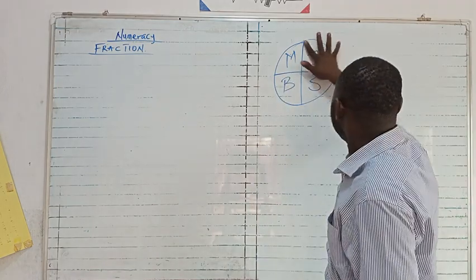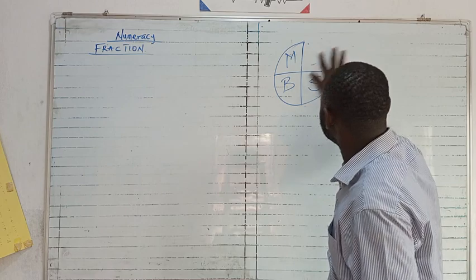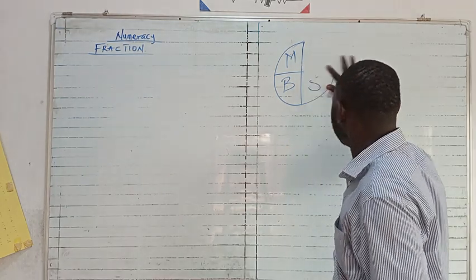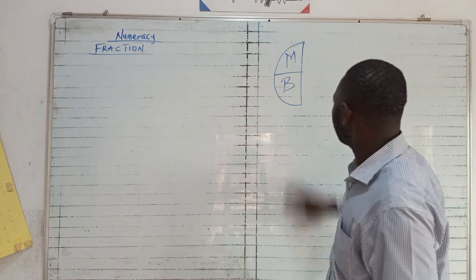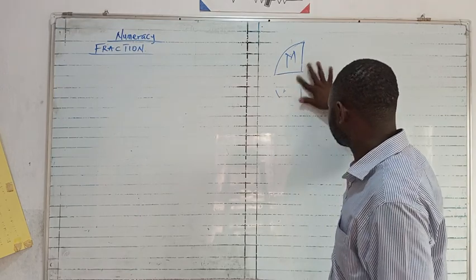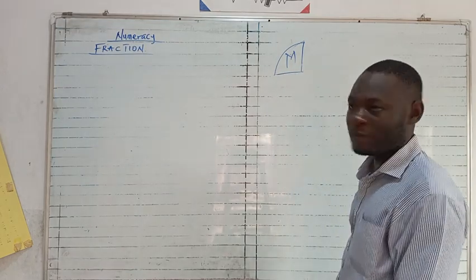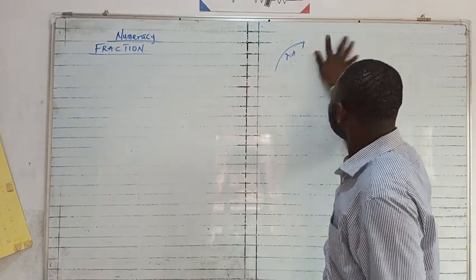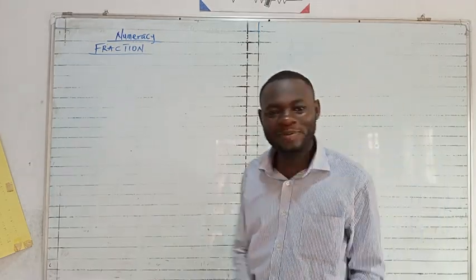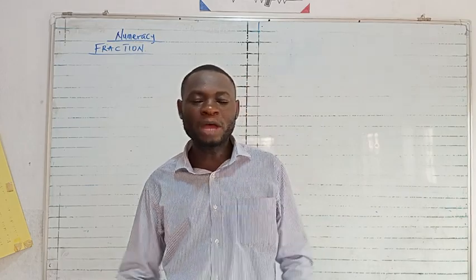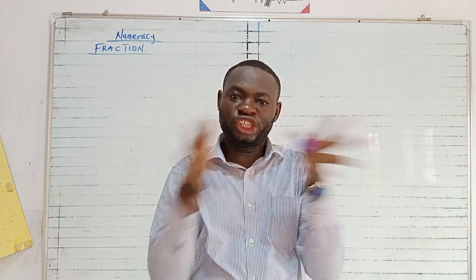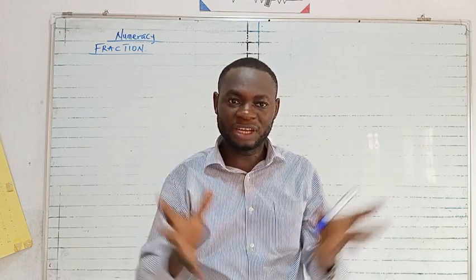Now you see that if I take my part, nothing is left. If Somi takes her part, what is left? Baby's and mommy's part. If baby comes and takes his part, mommy's part remains. If mommy now takes her own part and eats it, there is no pizza. The pizza is finished. Okay? Now you notice that when we share the pizza, we share it in different parts.